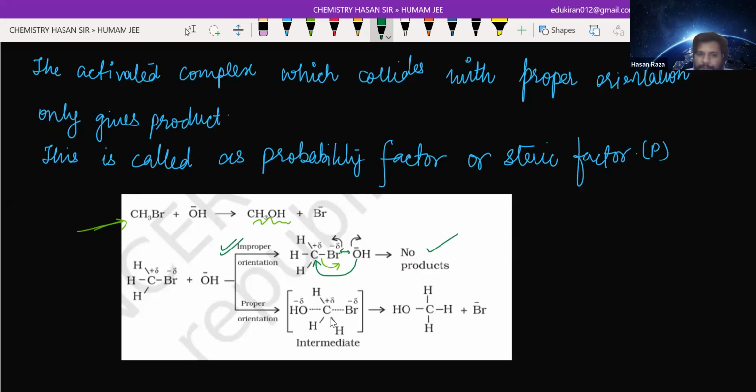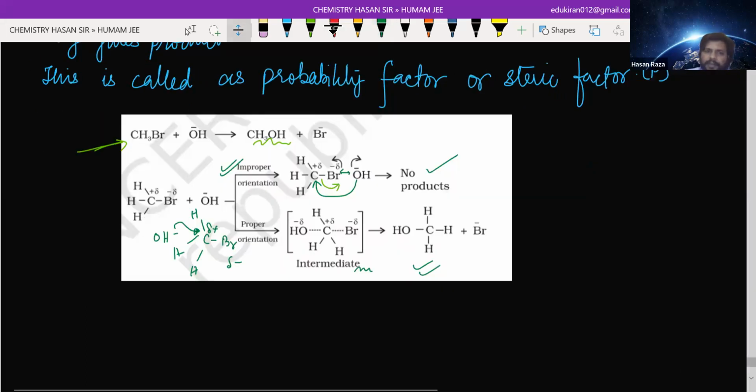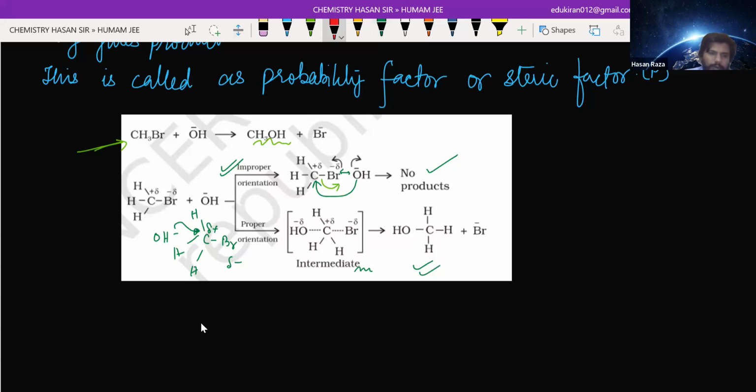But if you attack from the back side, CBr is there, and H, H, H. There is delta negative and delta positive, so OH minus feels attraction due to the delta positive, and it can easily attack from the back side, and the intermediate will form. With proper orientation, you get the product. Simple it is. Are you getting my point? This is the SN2 reaction, if you remember.